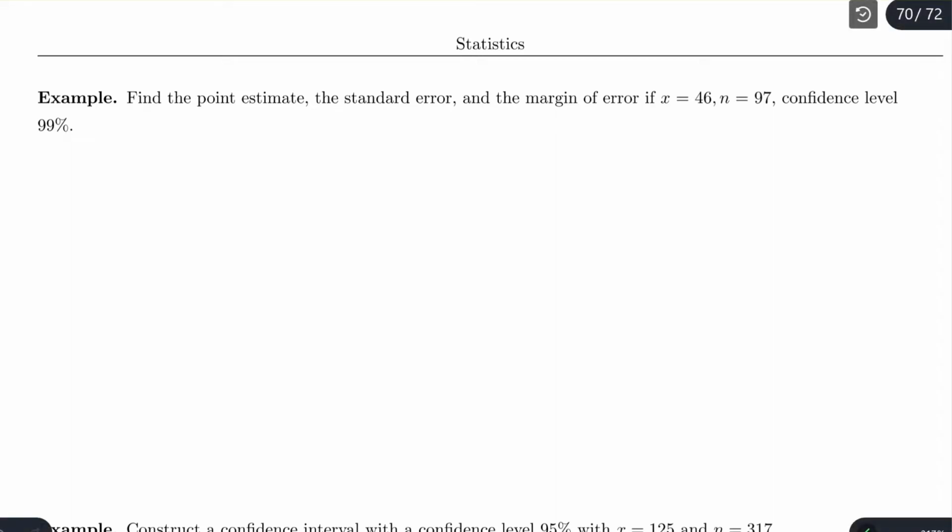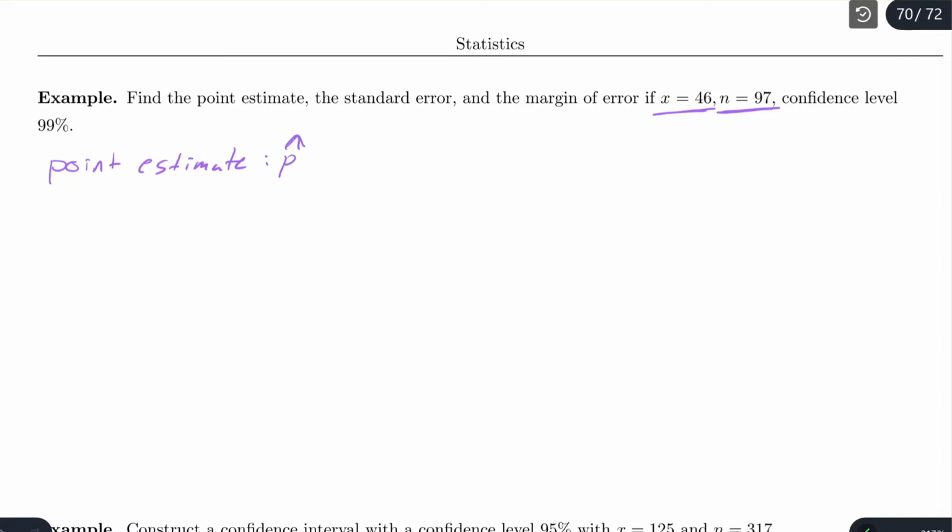Find the point estimate, standard error, and the margin of error if x is 46, n is 97. So whatever the context is here, 46 is the category we're interested in, out of 97. So the point estimate is p hat.